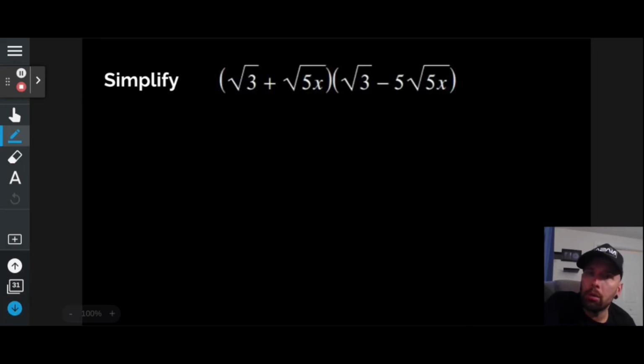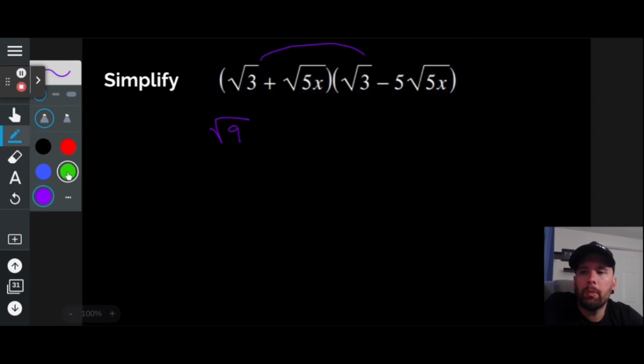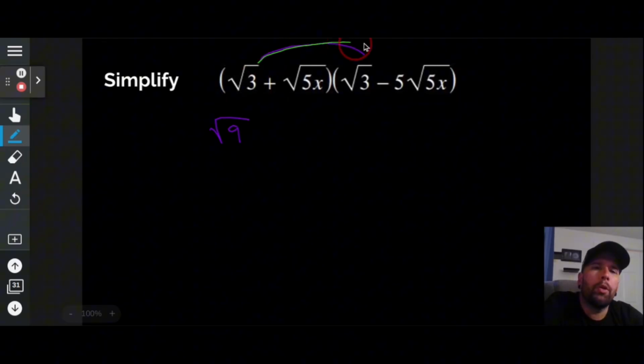FOIL. Root 3 times root 3. I already know what's going to happen, but let's just write it out anyway. Root 9. Root 3 times negative 5 is negative 5 root 3, because negative 5 is living on the outside.